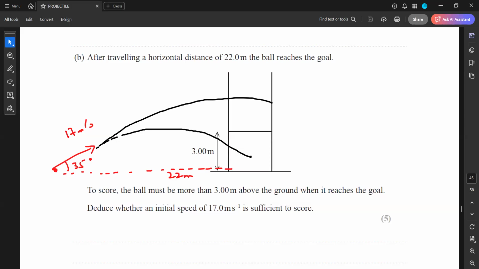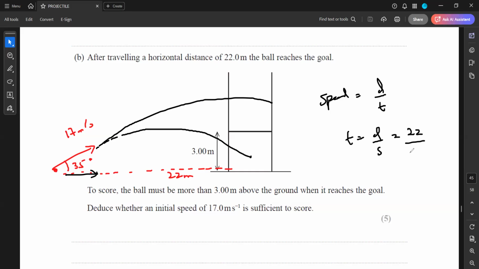Whenever you're taking a horizontal component, there's no acceleration. So we use the formula speed is equal to distance over time. So if I need the time, it will be distance divided by speed. Distance is 22.